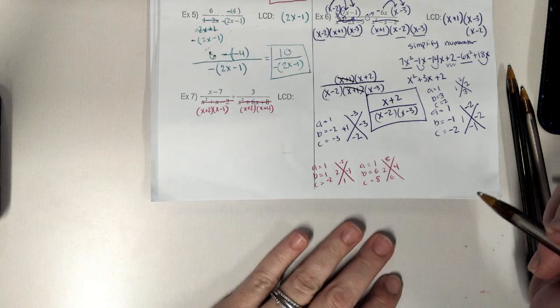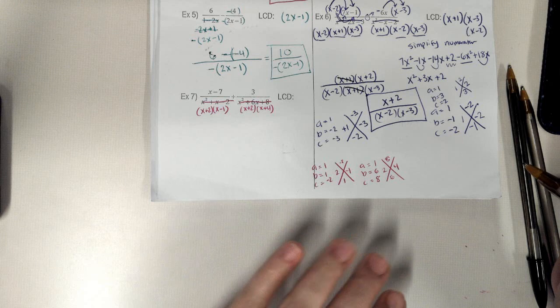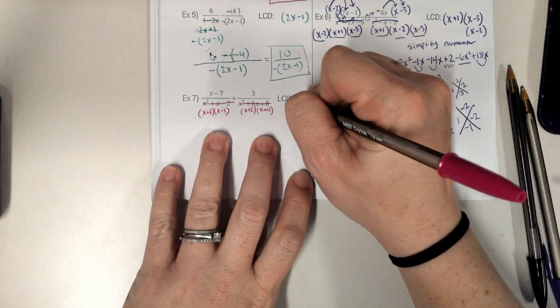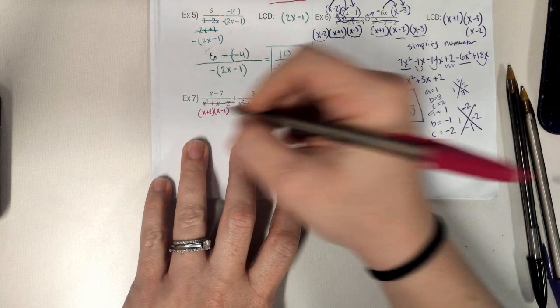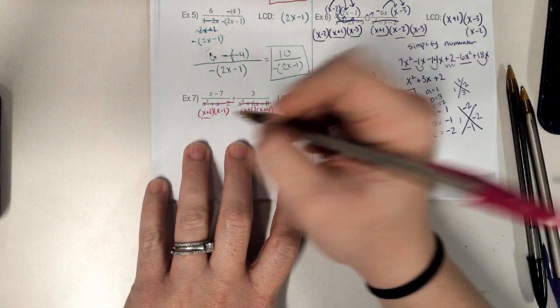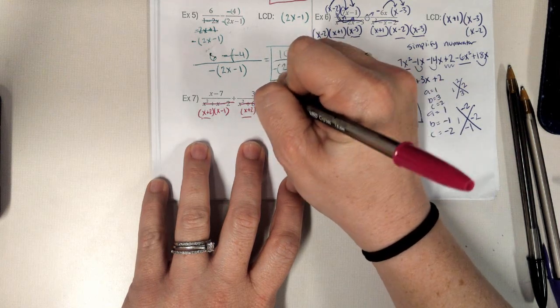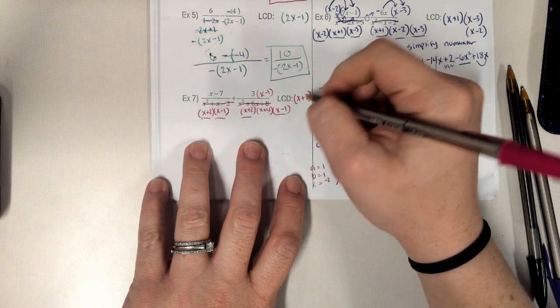Everybody okay with what I've done so far? So what matches already? x plus 2. So that's what matches. This has an x minus 1, therefore this needs an x minus 1. So now that matches.